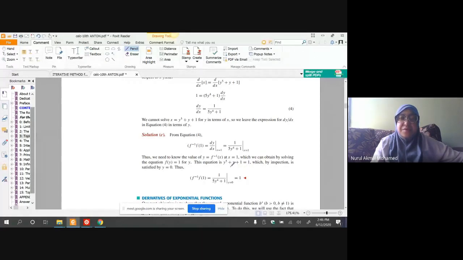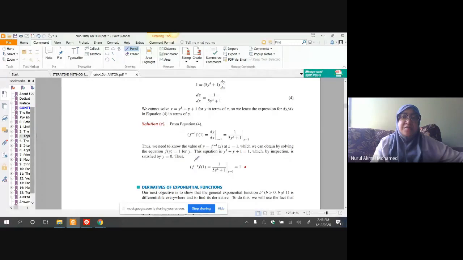Solving this, y to the power of 5 plus y is equal to 1 minus 1, which gives you 0. Then you solve this for y, you get y equal to 0. So you substitute here y equal to 0, then you get the derivative of f inverse when x is equal to 1.